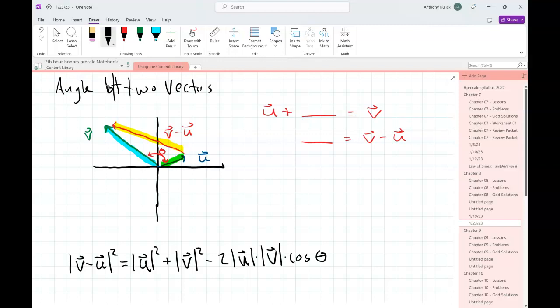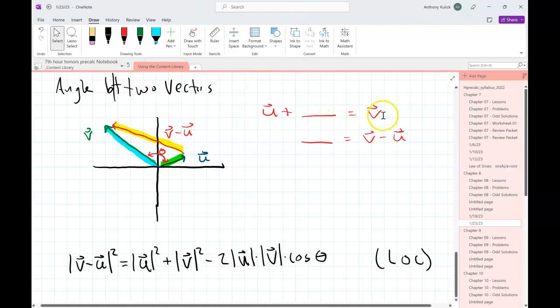Everybody feel okay with what I plugged in there? Just the law of cosines, right?